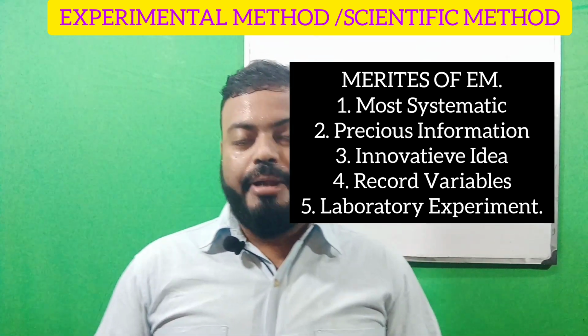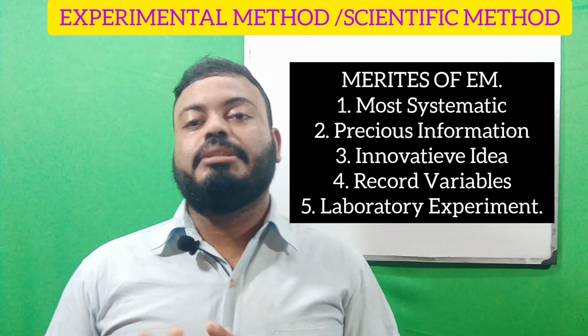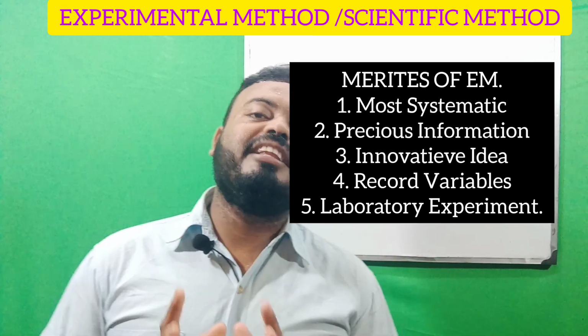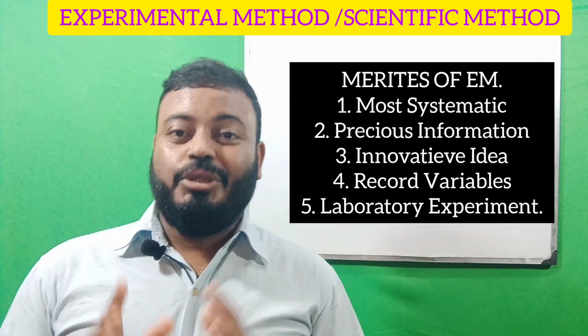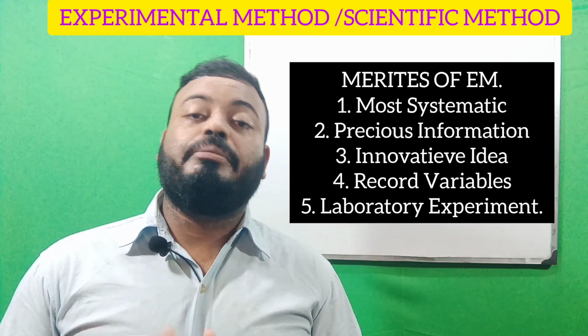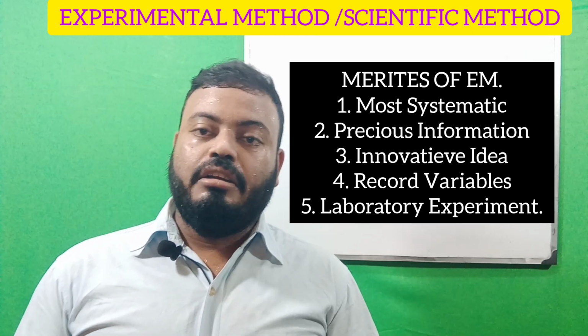The last merit of the experimental method is the laboratory experiment. We know that sometimes the experimental method occurs on a lab basis. In this laboratory situation, the researcher faces many problems in his experimental field.